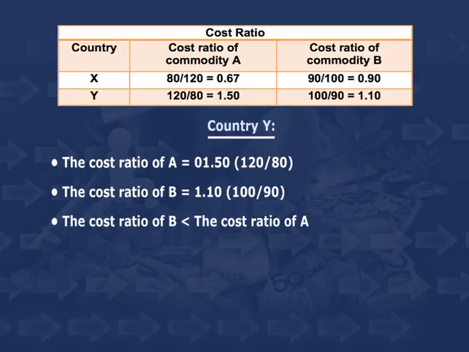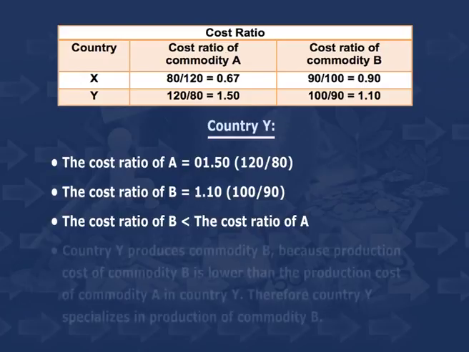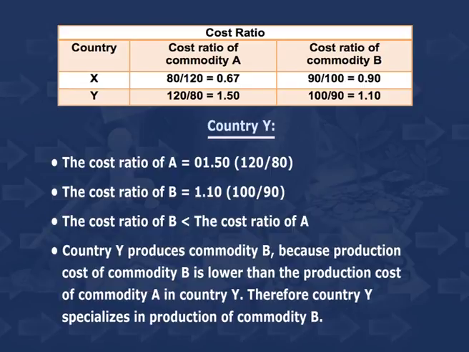The cost ratio of commodity B is less than the cost ratio of commodity A. Country Y produces commodity B because production cost of commodity B is lower than the production cost of commodity A in country Y. Therefore, country Y specializes in production of commodity B. In general, the country produces that commodity in which the cost ratio is lower because it is either more advantageous or less disadvantageous for the country.